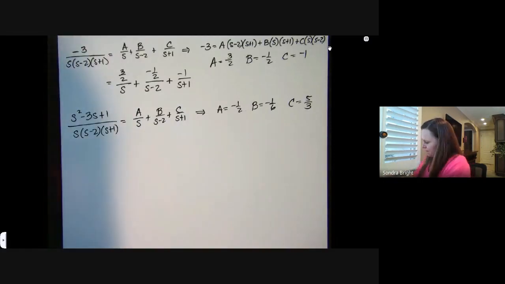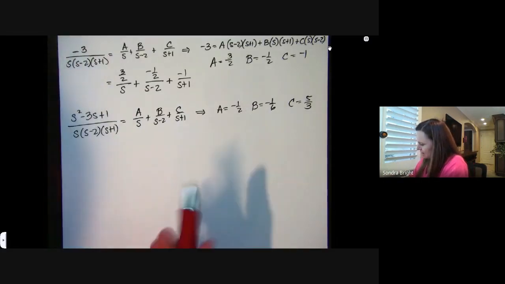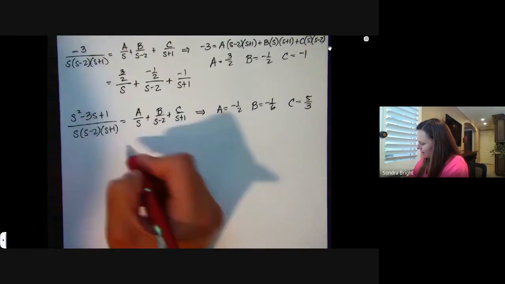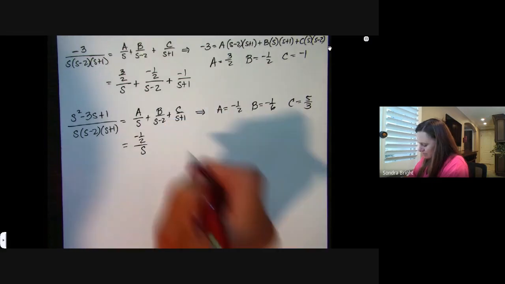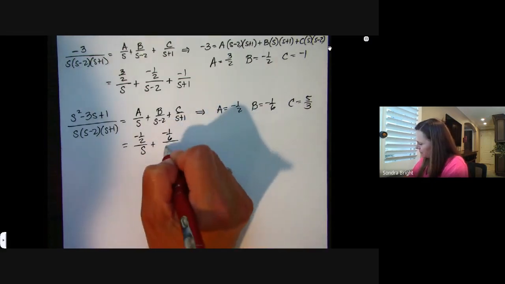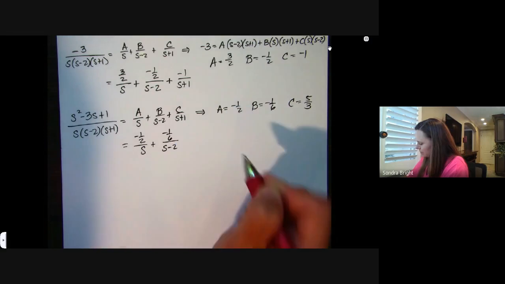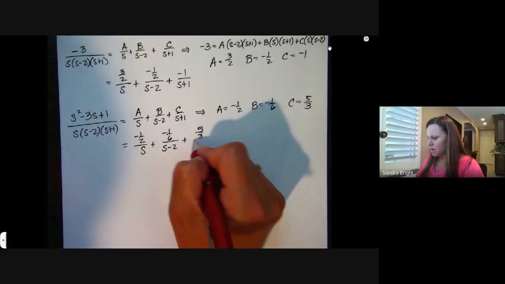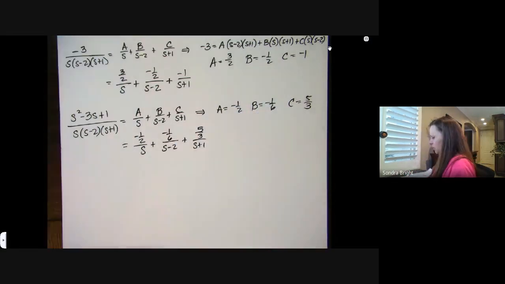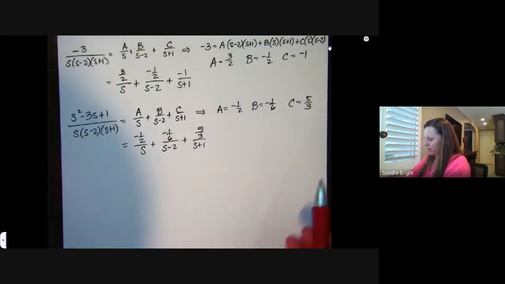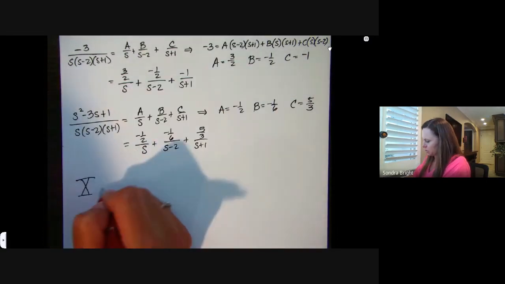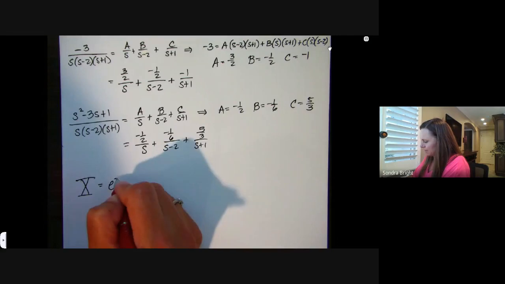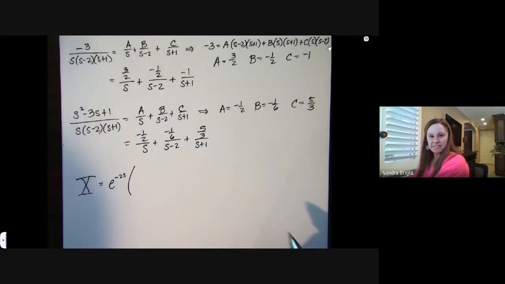Okay, so that means this one is negative 1 half over s, and a negative 1/6 over s minus 2, and a positive 5/3 over s plus 1. We are almost done. I'm going to rewrite what I had before I started doing the partial fractions. Big X was equal to e to the negative 2s times this one.